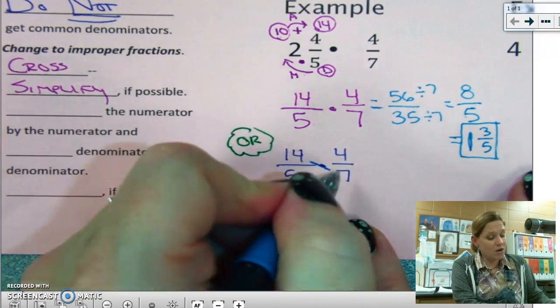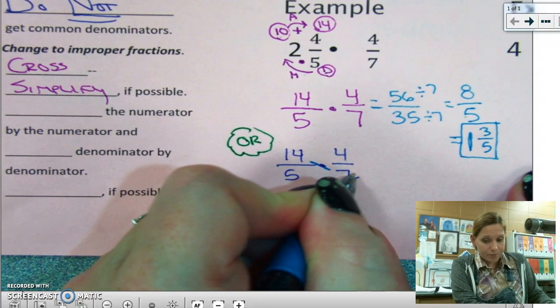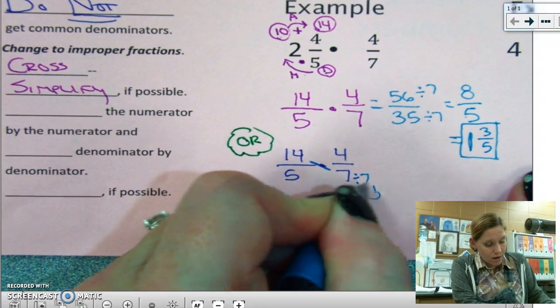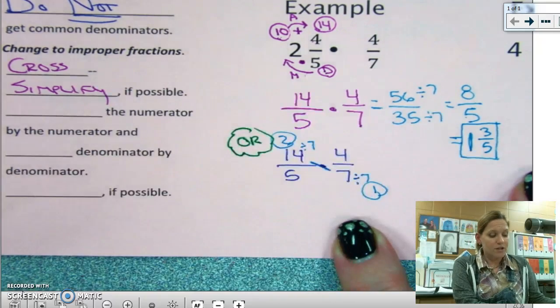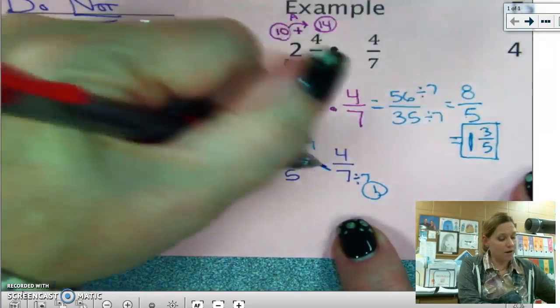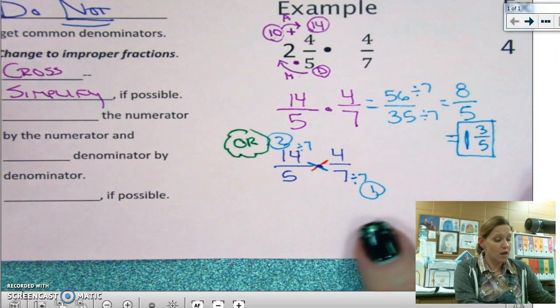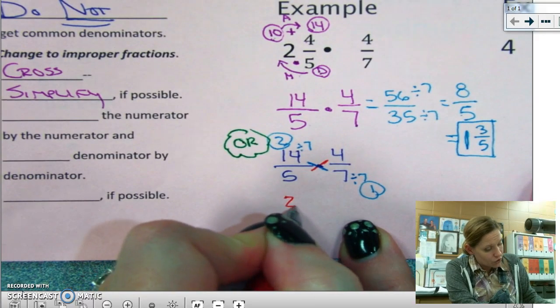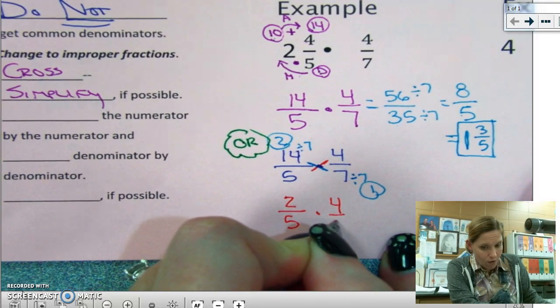Oh yeah, I know that 7 divided by 7 is 1, and 14 divided by 7 is 2. So I know I can simplify that cross. What about the other? If I look over here, 5 and 4, no. The only thing they have in common is 1. So my new fraction is 2/5 times 4/1.